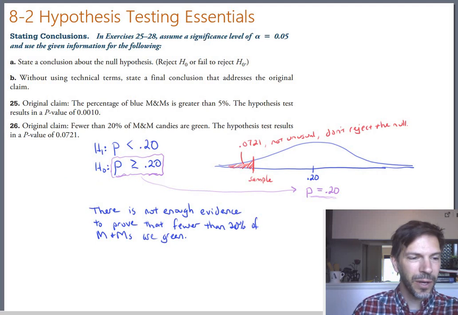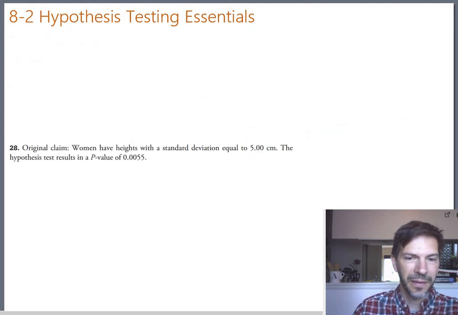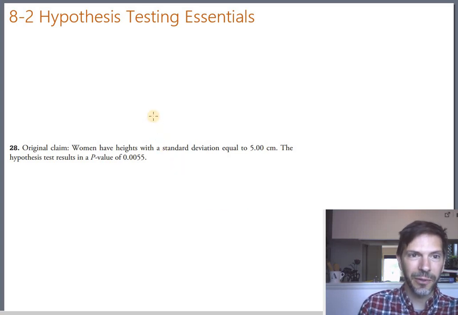All right, let's look at one more example. This is 28, similar idea and same instructions as 26. But we'll try to run through this one a little bit faster. So 28, women have heights with a standard deviation equal to 5. So let's get the symbol for population standard deviation is this.